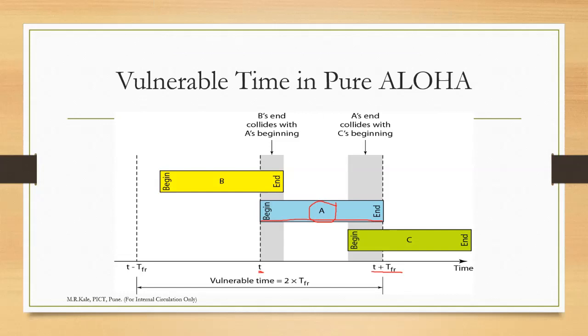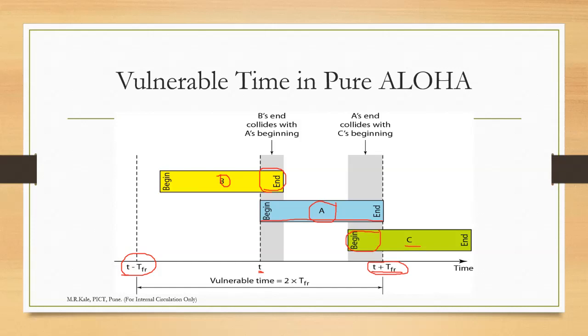Now, if after t minus TFR, B sends the data, trailing bits of B's frame are going to collide with A's frame. Similarly, if station C starts sending before t plus TFR, then initial bits of C are going to collide with A's data.